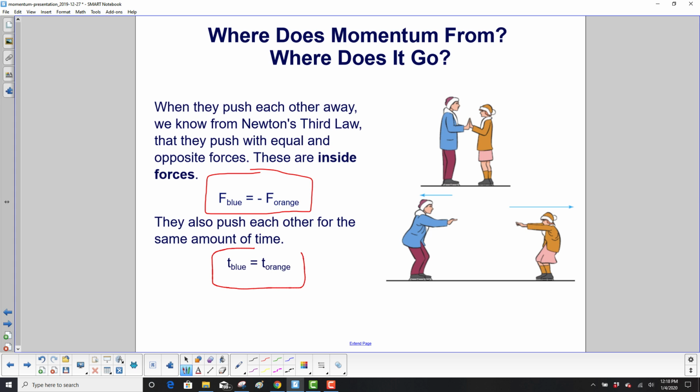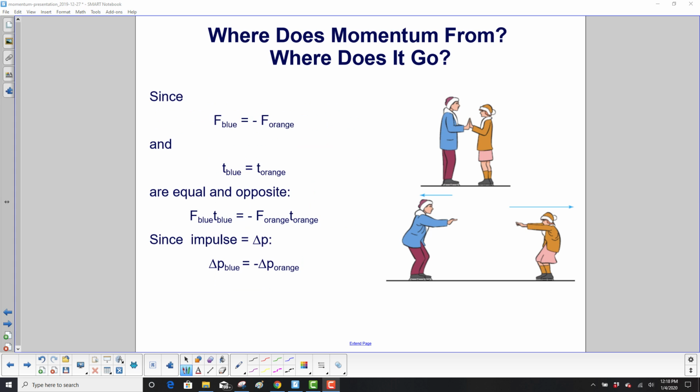So T sub blue equals T sub orange. Let's put these two pieces of data together where we have the forces and the times. And since they're equal and opposite and the times are the same, we can say that F blue times T blue is equal to negative F orange times T orange. Okay, because these guys are the same.